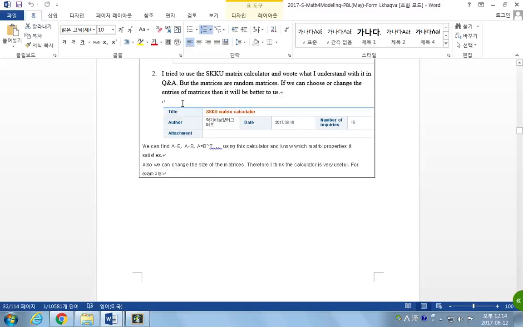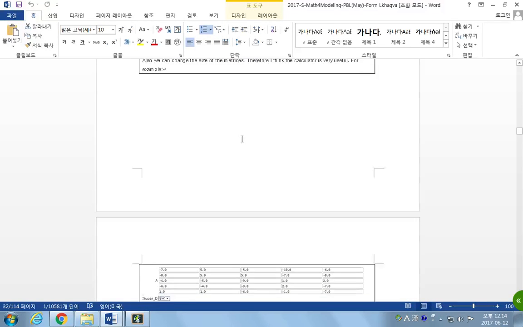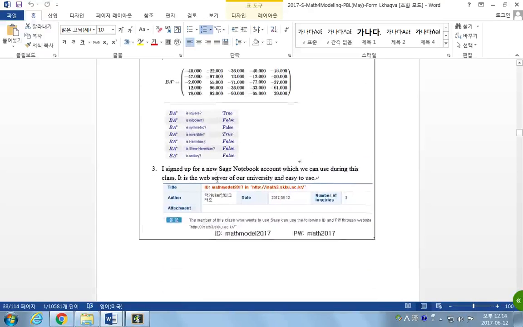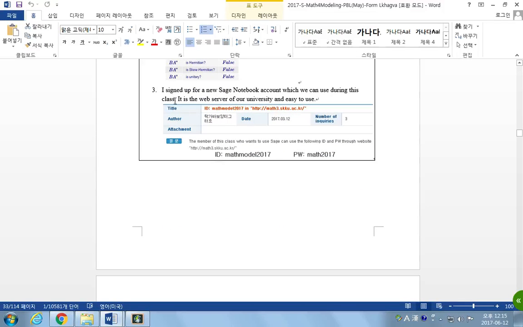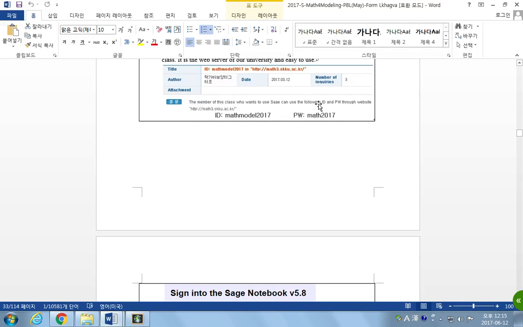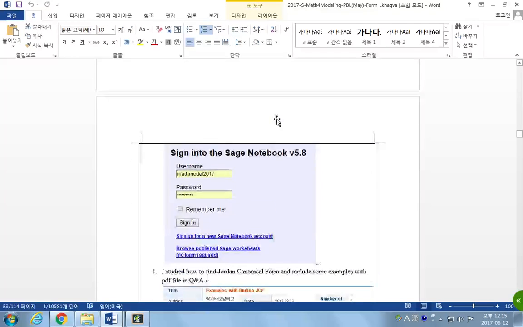Second, I tried to understand the SKKU matrix calculator and some Q&A comments here. Also, I signed up for the Sage notebook account which can be used during this class. ID is this, password is this.